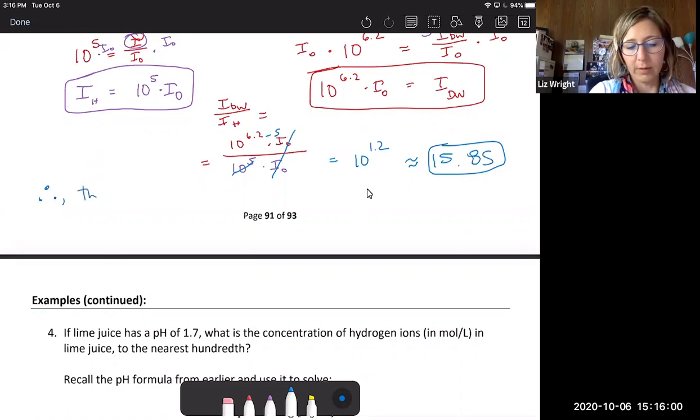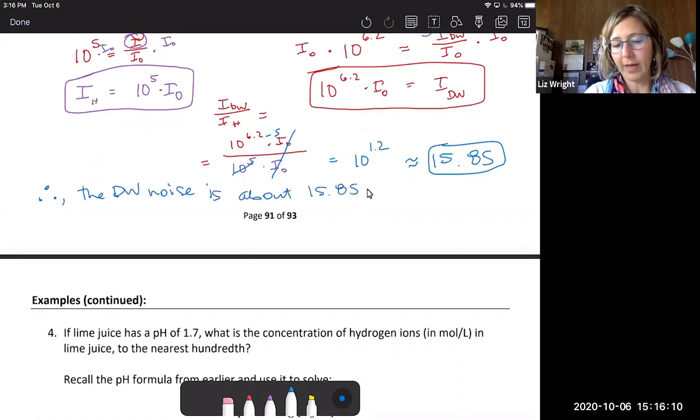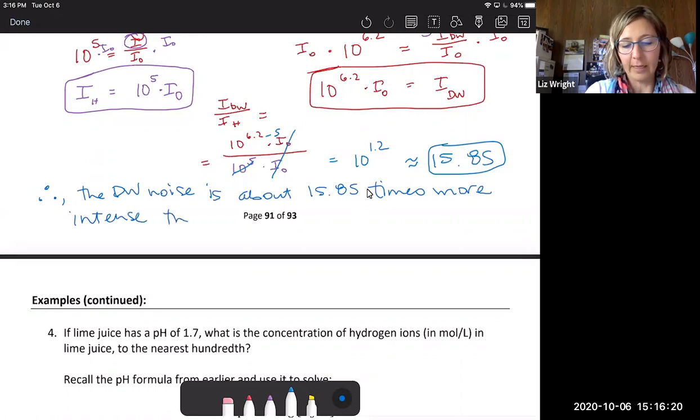Therefore, the dishwasher noise is about 15.85 times more intense than the hot water pump noise.